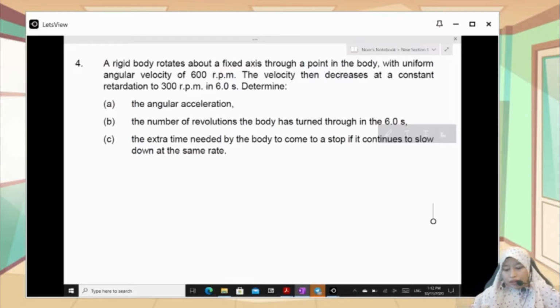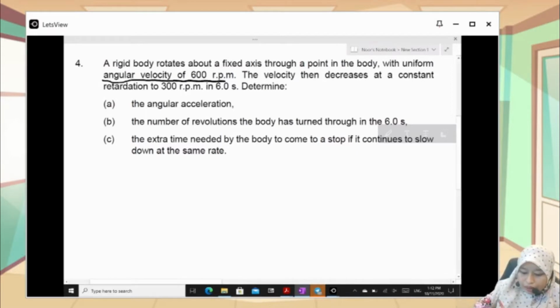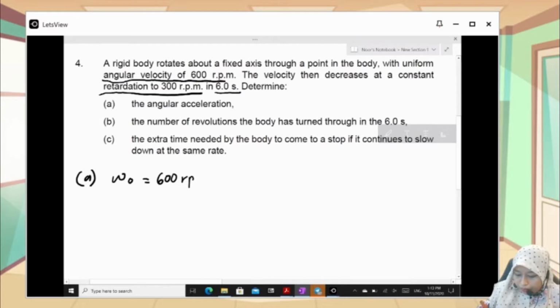in the question. So the question gives us angular velocity at 600 rpm and it retards to 300 rpm in 6 seconds. So omega naught is 600 rpm. RPM is not SI unit. SI unit is radian per second.